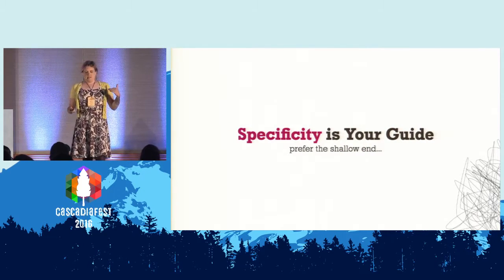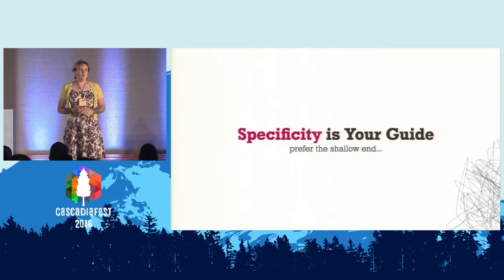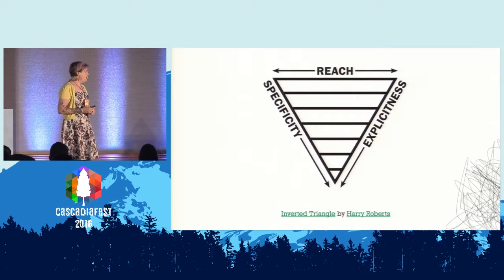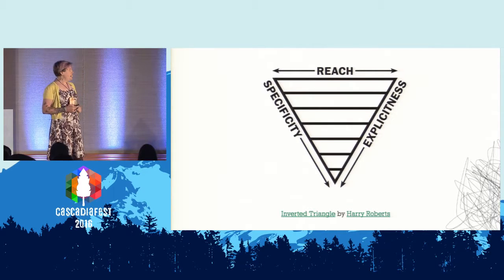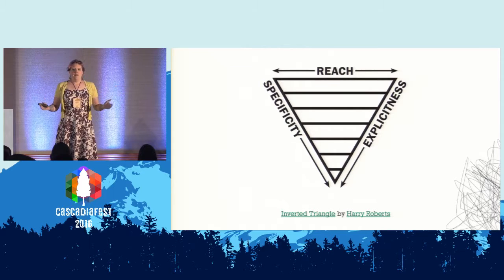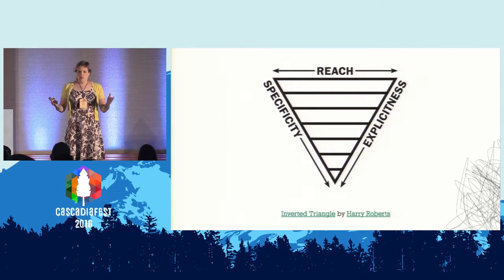And working with CSS, this is just a quick note: specificity is your guide when you're working with patterns in CSS. This is the inverted triangle by Harry Roberts, which talks about reach, specificity, and explicitness. The broader your reach, the less specific and the less explicit we want to be. So something like an A tag, if you're targeting an A tag, that's going to have a broad reach.